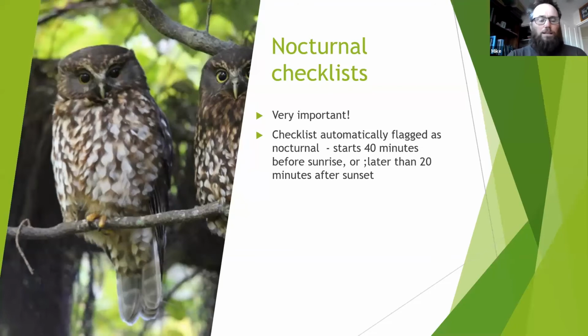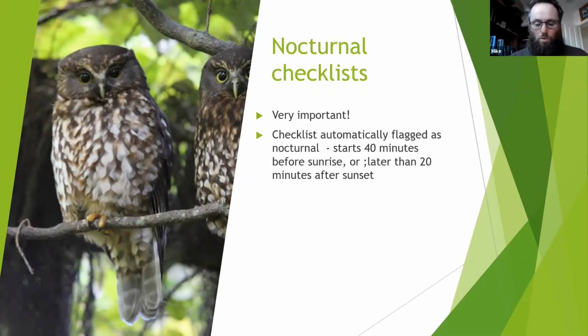So nocturnal checklists. Quite a few of our native species in New Zealand only come out at night, so it's really important that we do these to record more hawks and kiwis. eBird will automatically flag a checklist as nocturnal if it starts 40 minutes before sunrise or 20 minutes after sunset.